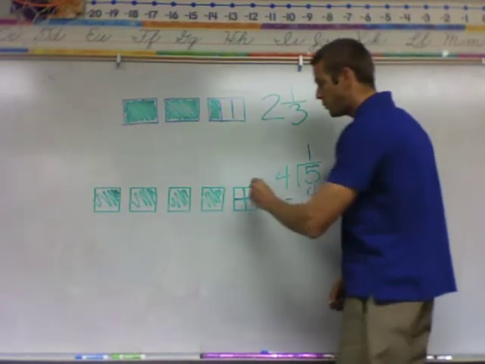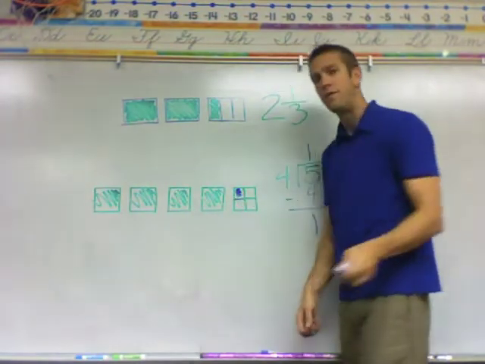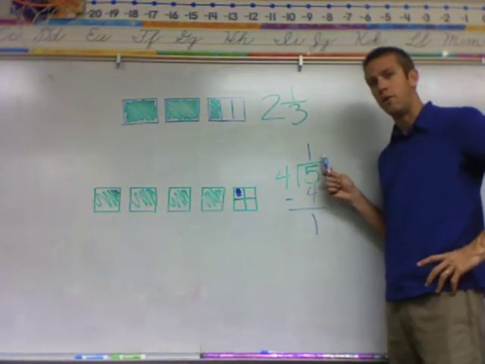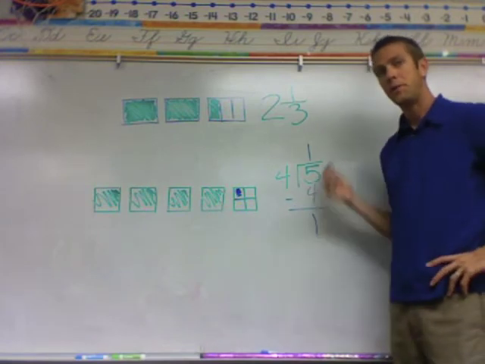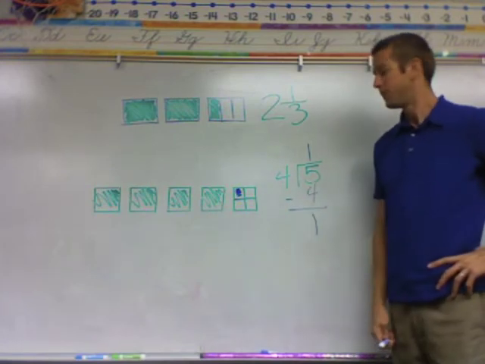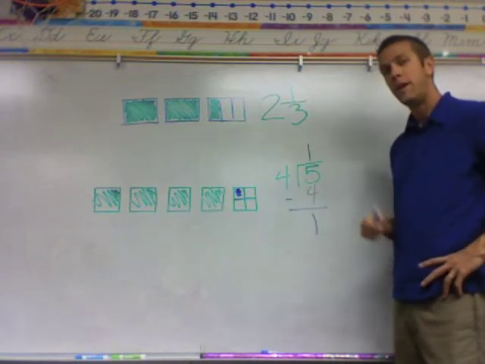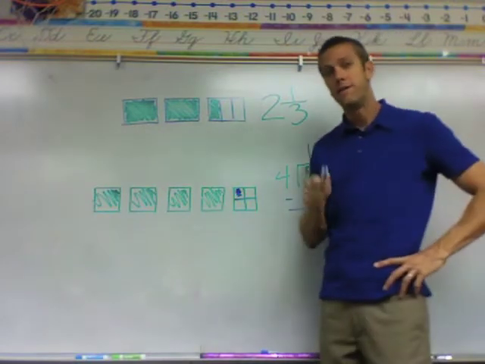But we know each person gets 1/4, right? Where do you think they get 1/4 left over? Look at the numbers on your division problem. Here's a 1, and here's a 4. That's where they get the 1/4.